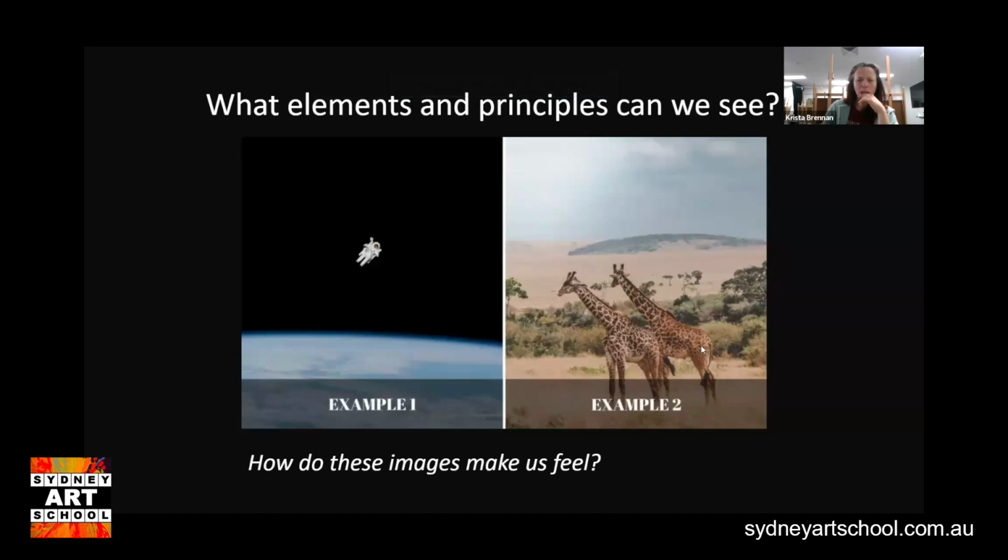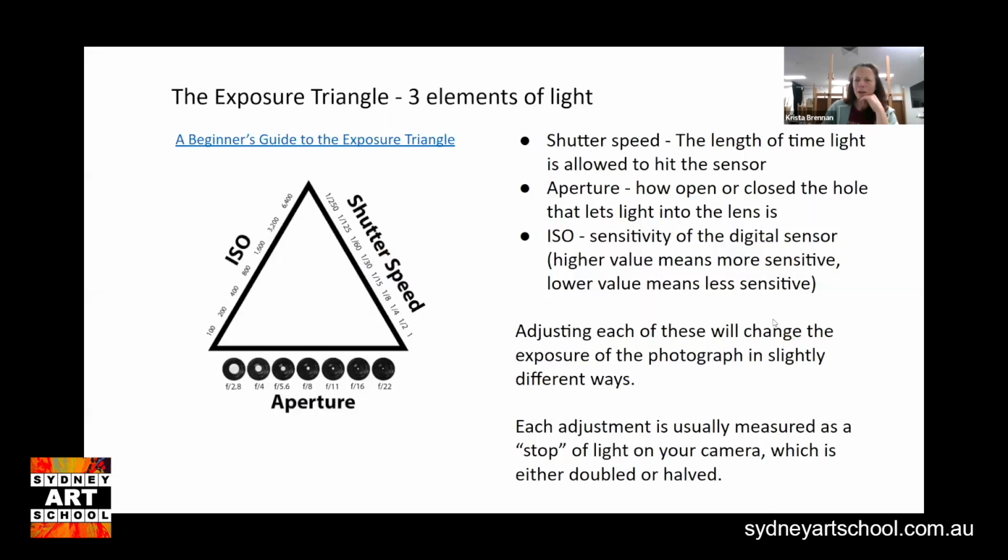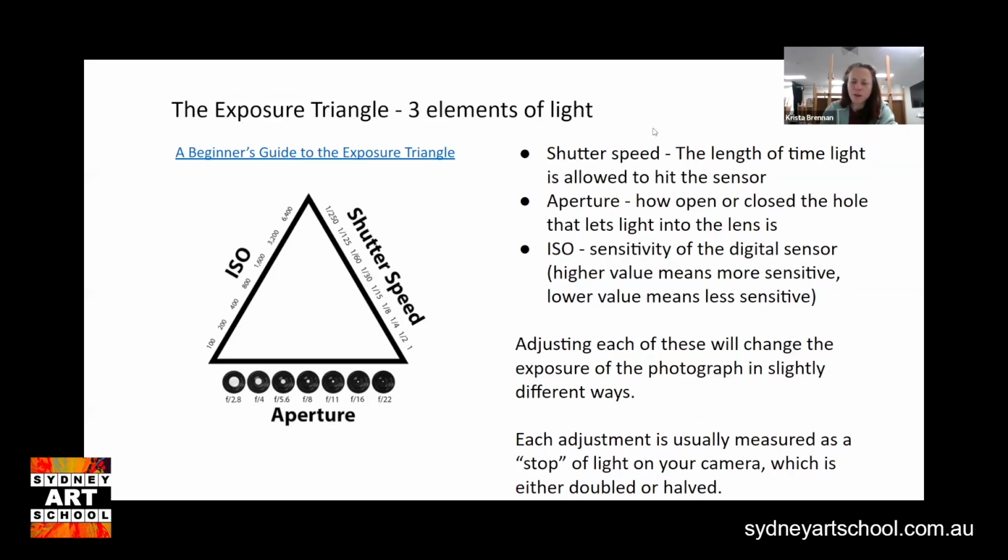All right. So let's take a look at now the exposure triangle. So this is, again, thinking about photographs and photographic images. Even with the cameras that we get on smartphones, if you go into your pro settings, which most smartphones would have now, you can find ways to adjust these three elements that form the exposure triangle.